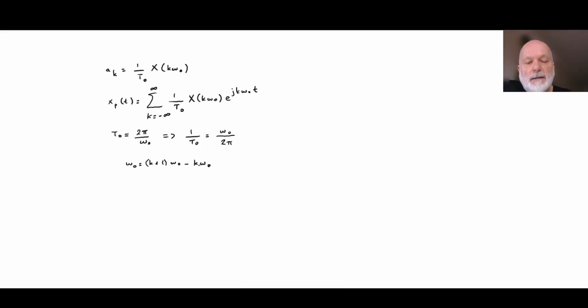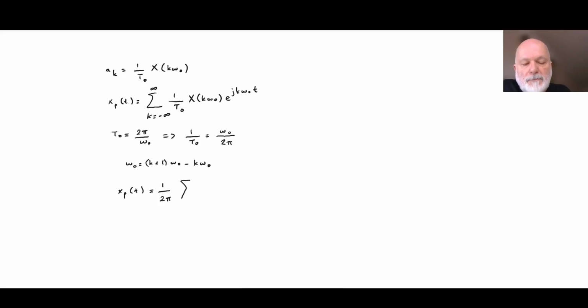But before doing that, let us write down the expression once more. Xp of t is equal to the sum over k from minus infinity to plus infinity. Maybe we can just take 1 over 2 pi outside this expression.